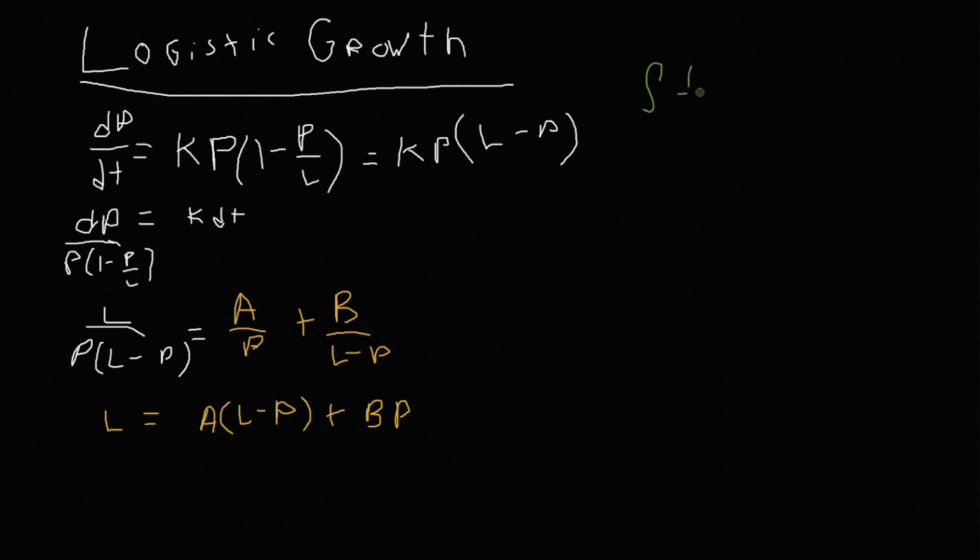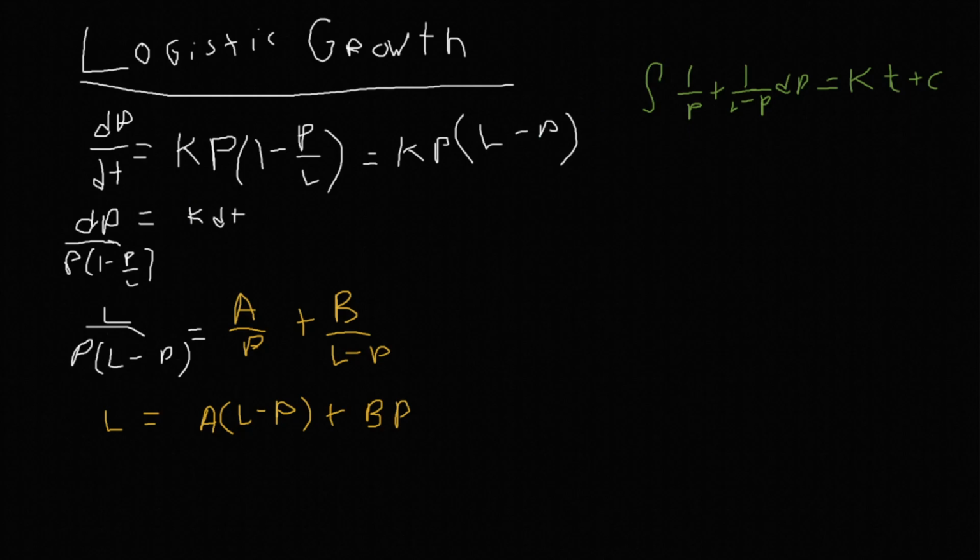So now we can go integrate 1 over p and 1 over L minus p dp, which is going to be equal to k dt. We're just going to write kt plus c, because we already know that that is the integral of k dt.